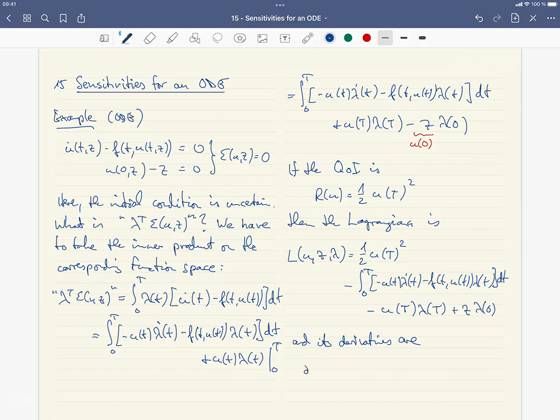Let's start with the simplest one, the z derivative. If I look in this equation, where is there an explicit z dependence? That's kind of simple. It's only here. And so my z derivative is just lambda evaluated at 0.